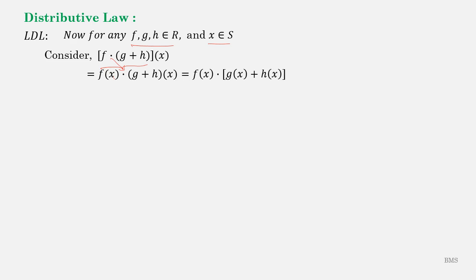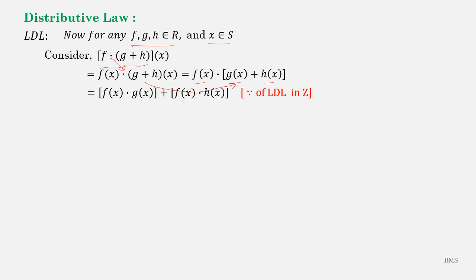Again you can use the definition of plus here. So this can be written like this, and note f(x), g(x) and h(x) all are integers. You can apply distributive law here, that is dot distributes over plus: f(x) dot g(x) plus f(x) dot h(x), because these are integers, and in case of integers distributive law holds.